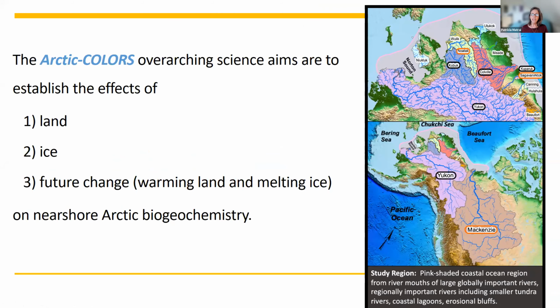And so the Arctic Colors overarching science aims are to establish the effects of land, ice, and future change, both as warming land and melting ice, on nearshore Arctic biogeochemistry.